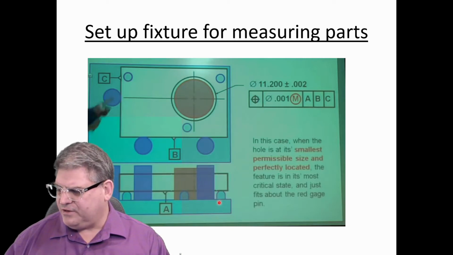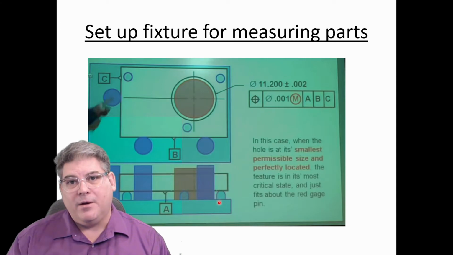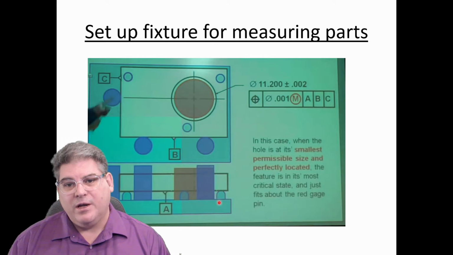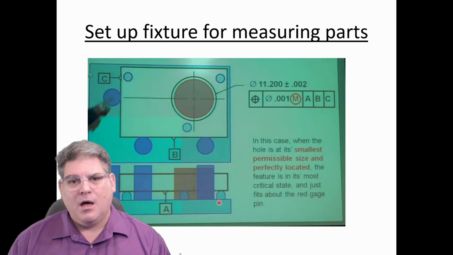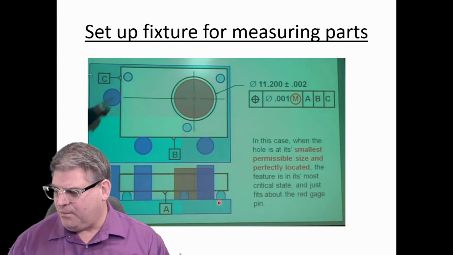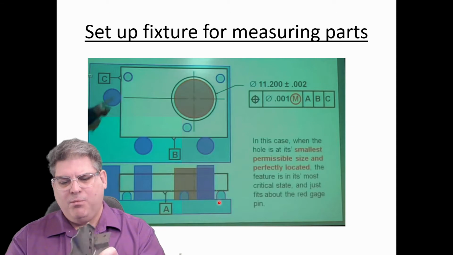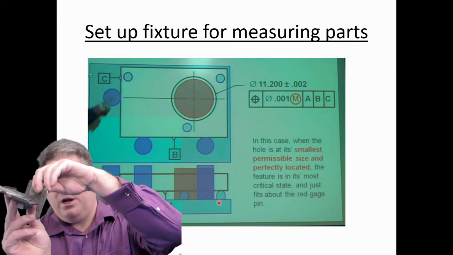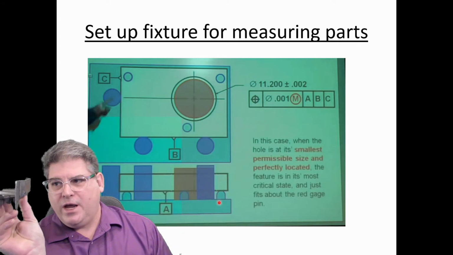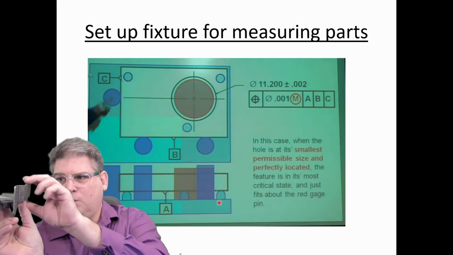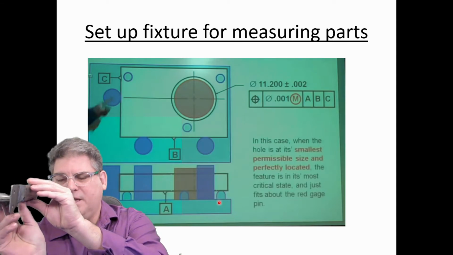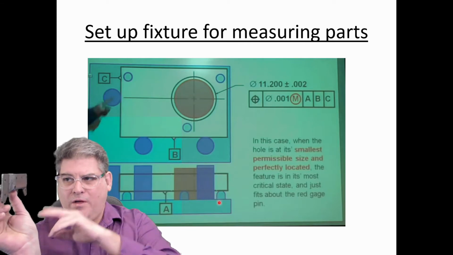What those are doing is they're creating a plane. If you recall, when we were talking about 3D alignment, three points makes a plane, right? And so you can imagine if we had 3 points, 1, 2, 3, we're able to locate this part in space. We're still able to move it, but it's going to be on that plane.